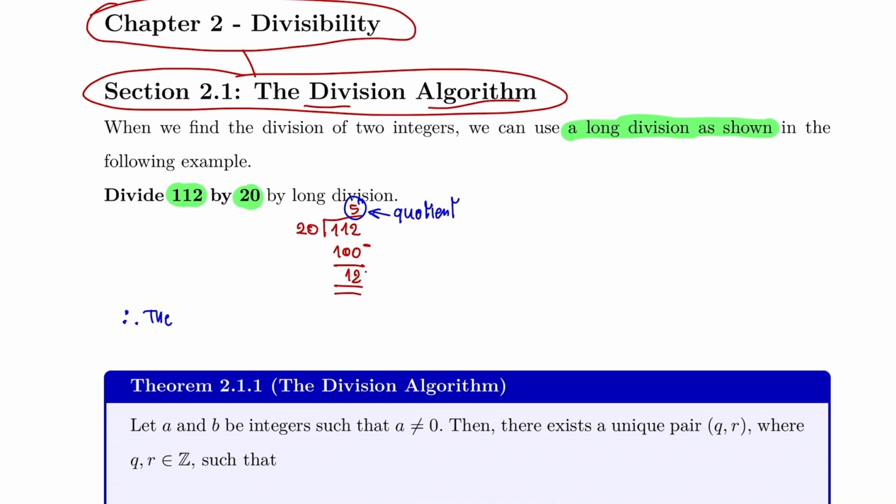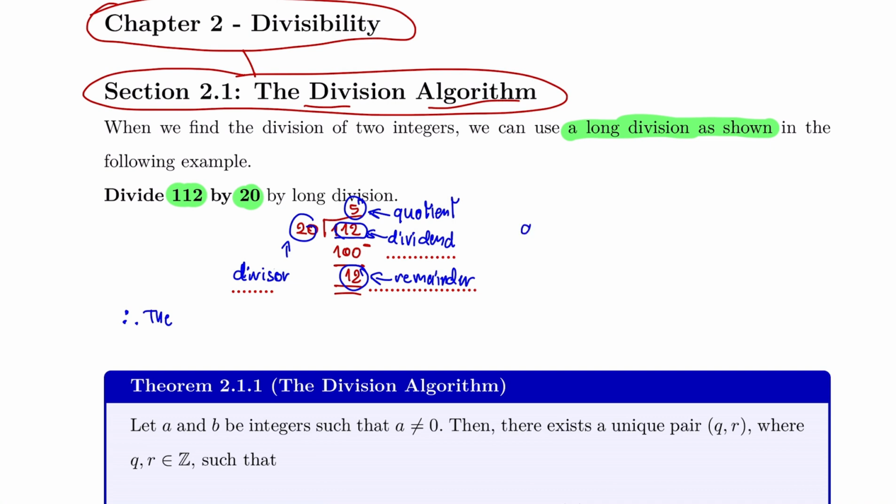This number is the remainder. And 20 is the divisor. And this number is the dividend.